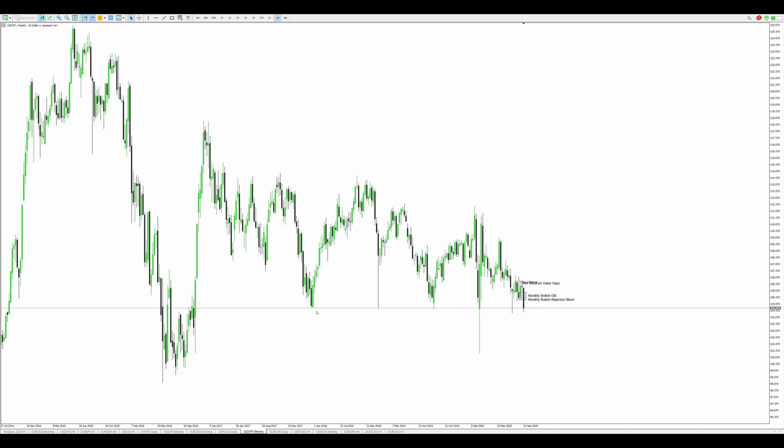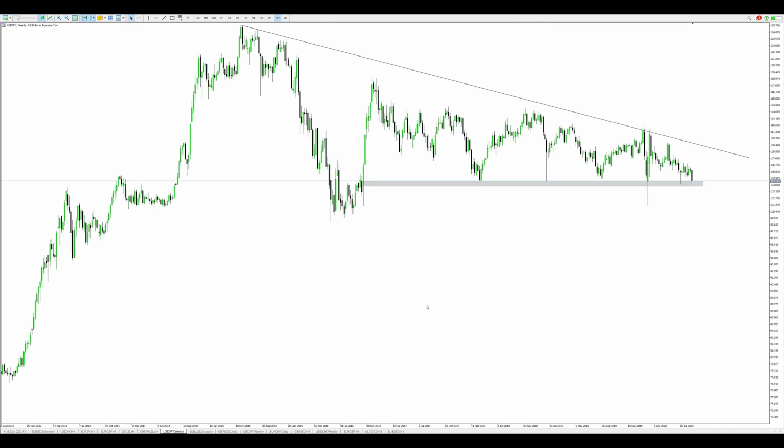So price is back now onto the 2018 lows. December 2018, August 2019, and then we've got July 2020. So we just have to wait and see how price reacts.